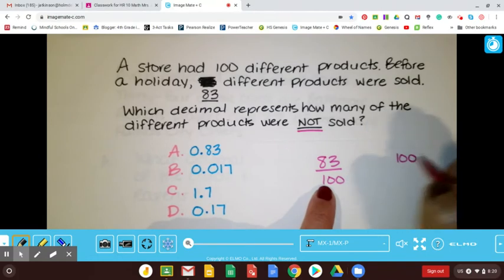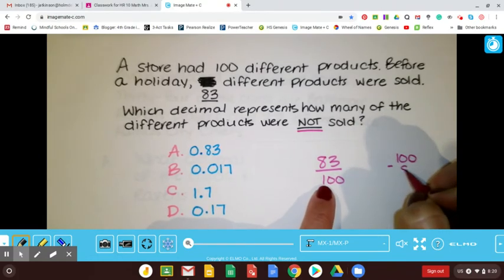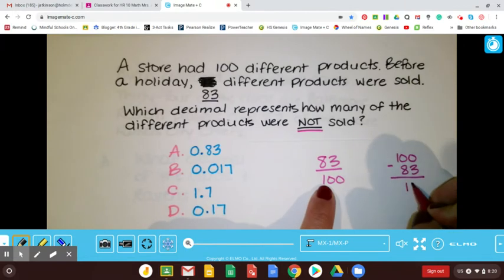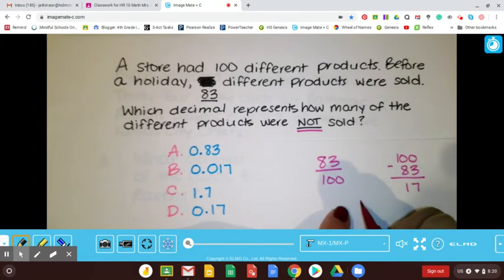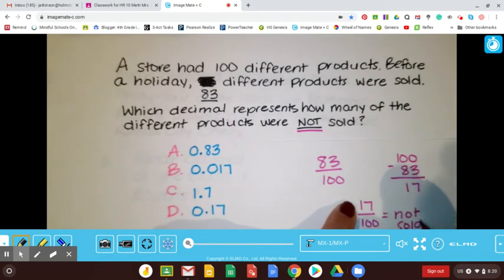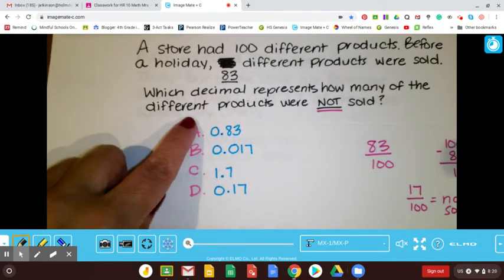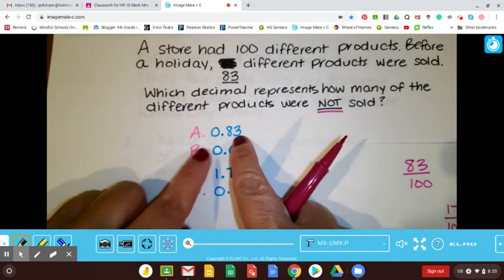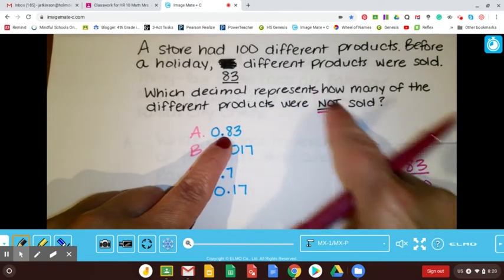Well, to find that, you would have to do 100 minus 83, and we would get 17 as our answer. So 17 out of 100 were not sold. So 17/100ths is what we're looking for. When we look at our choices, that could be a common mistake because maybe they didn't see the word not.